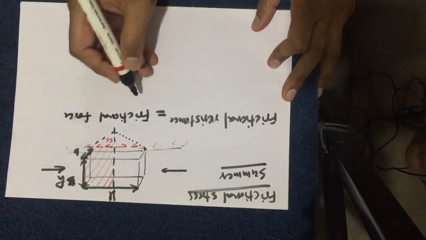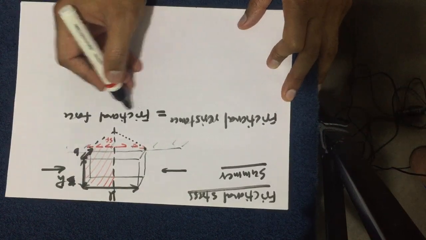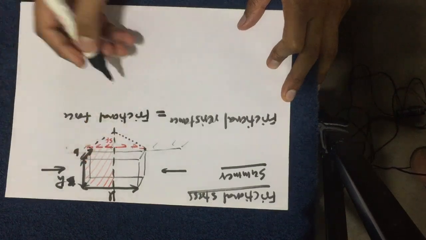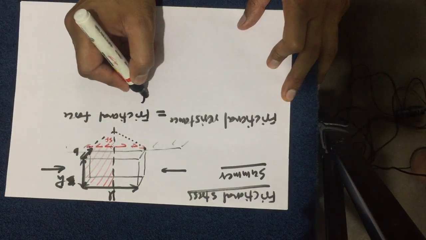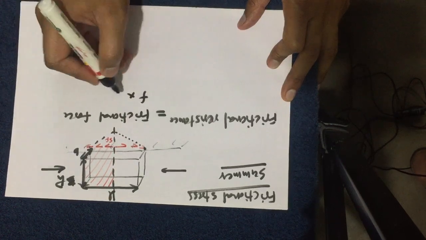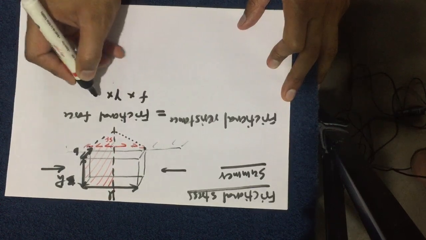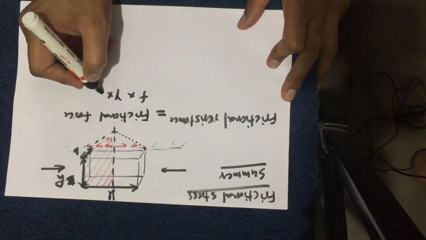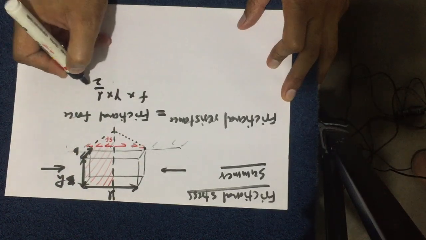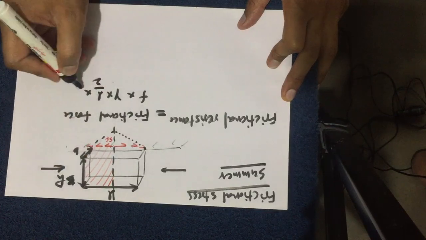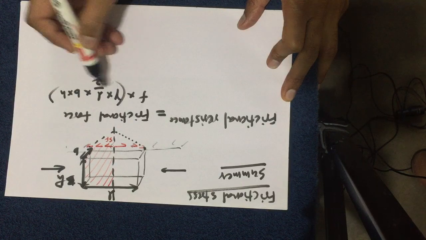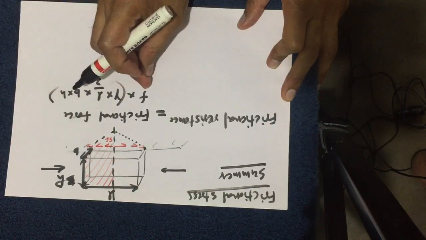If I want to know the frictional force being caused, it will be the weight into the friction coefficient. If the friction coefficient is say F, the weight of the slab will be unit weight gamma into volume. Volume means length of the slab, and you have considered for the analysis half length of the slab, so L by 2 into width B into H.